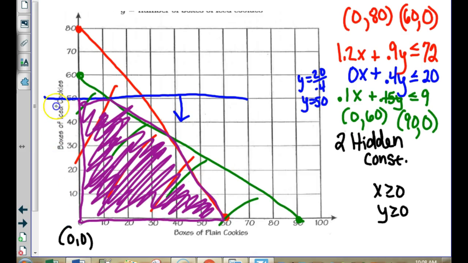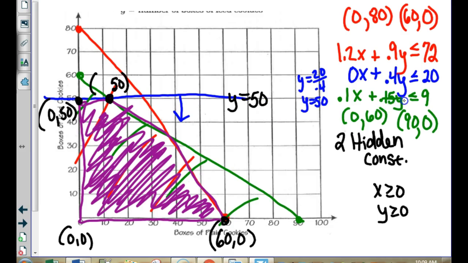(0, 0), yay, that was easy. What's this corner point? (0, 50). What's this corner point? (60, 0). Okay, now it's a little trickier. What was true on the blue line at all times? This was y equals 50, right? So this corner point right here is on the blue line, so the y has to be 50. And what other line did it intersect? The blue line hit the what right there? Green line? Okay.